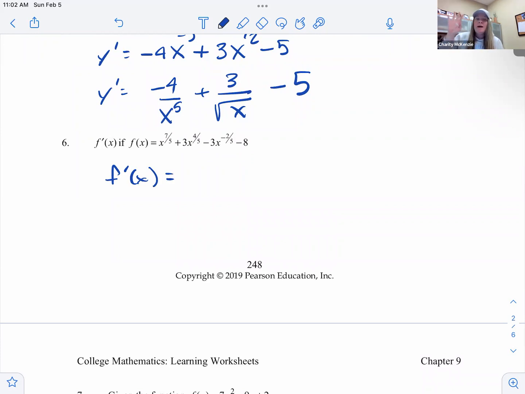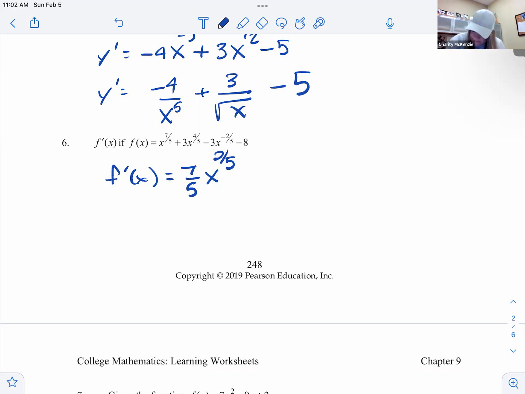Okay, so let's go ahead and do the derivative with some fractions. All right, so right now we have 7/5, so 7/5 is going to come down out front, and then you're going to have x. What is 7/5 minus 1? Well, 5 make a whole, so you're going to have 7 minus 5, or 2/5 left. If you can't do that, you go 7 divided by 5 on your calculator minus 1. And then you can go to math, that fraction, and you can convert it back to the 2/5. Don't care.